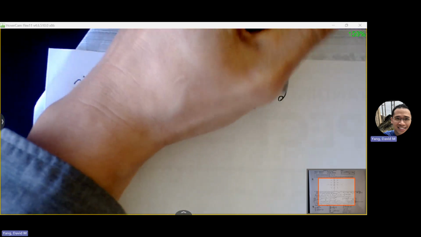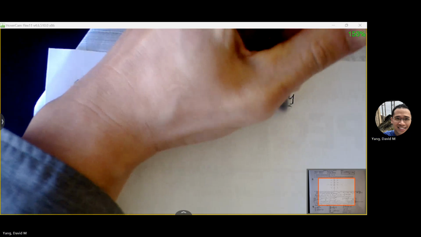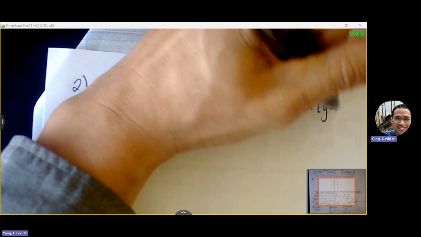Okay, so here's our differential equation: dy/dx is equal to x squared (y minus 1).